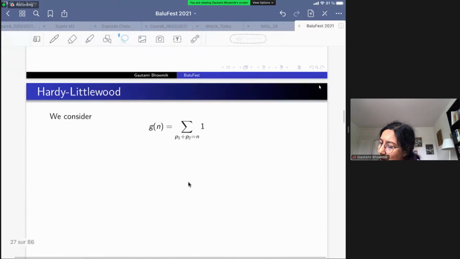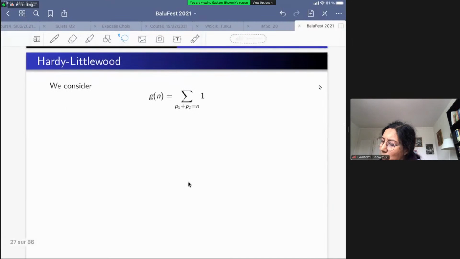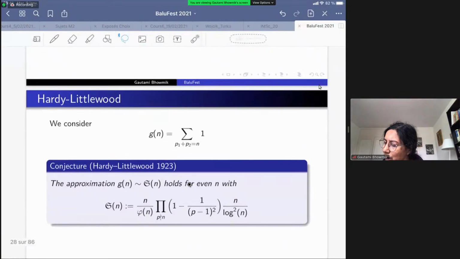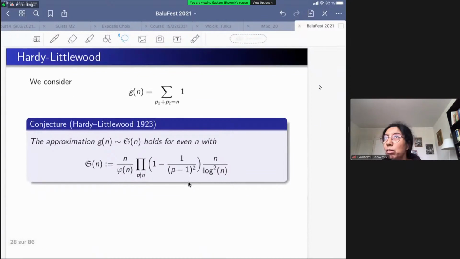So now I want to give you some other conditional cases. This goes via the Goldbach problem. The Goldbach problem, as you all know, is finding g(n), writing n as p1 plus p2, two primes whose sum is n. What is an old result in this direction? It is a conjecture of Hardy and Littlewood of 1923, so 100 years old.